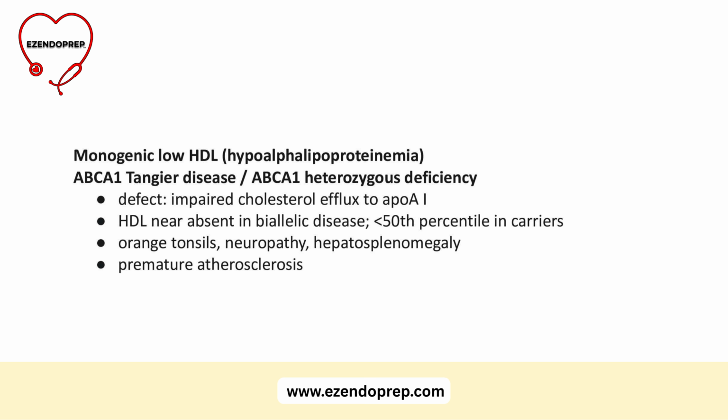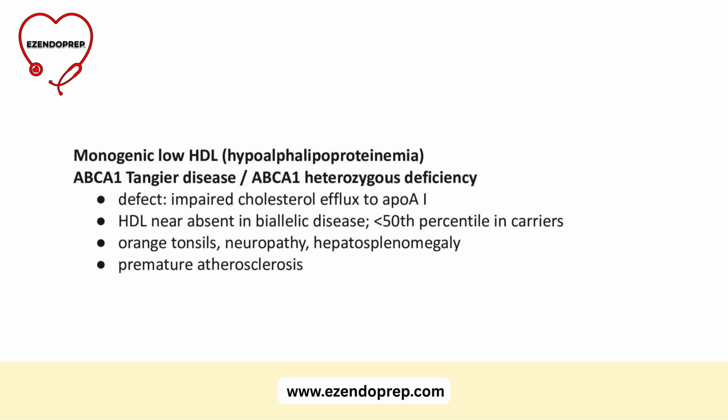Let me say this in one more way. AACE has specifically mentioned 8 conditions, and let me go through them one by one. For the low HDL, the hypoalpha-lipoproteinemia, they mention ABCA1, LCAT, and ApoA1. ABCA1 is Tangier's disease, the one with the orange tonsils.